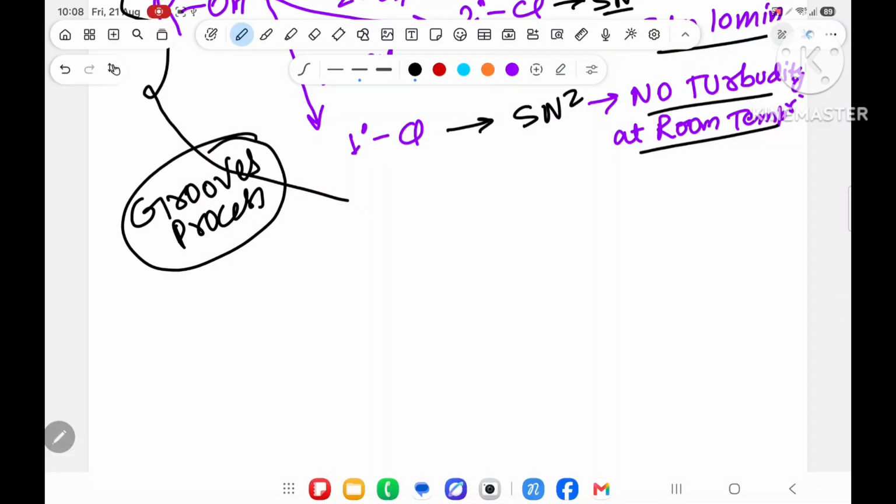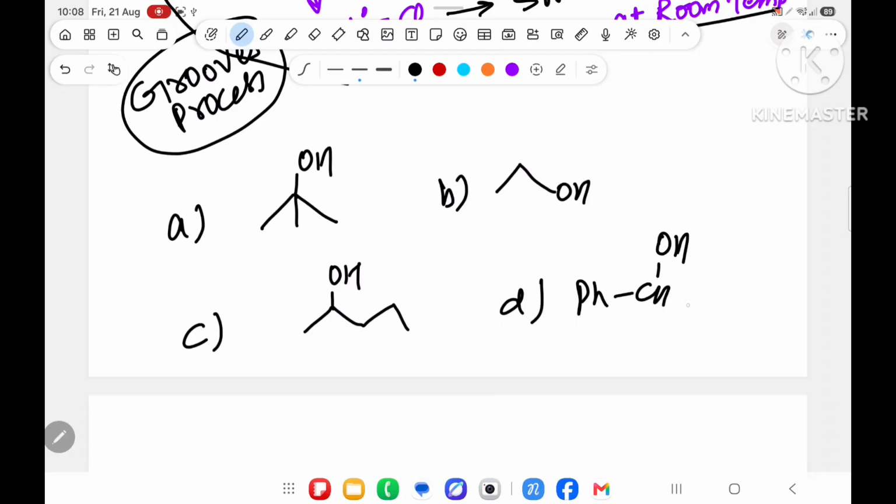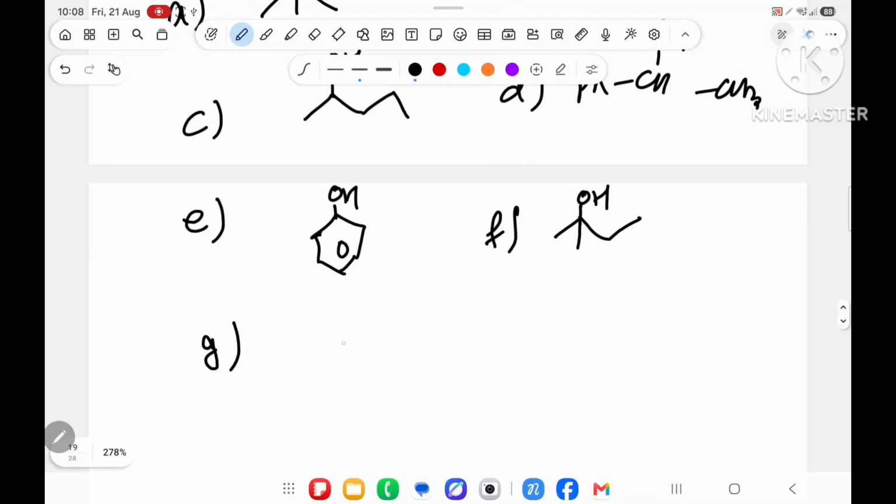Which of the following will give? First question, option A, then B, C, D, E, F, G and H are different alcohols with OH groups.